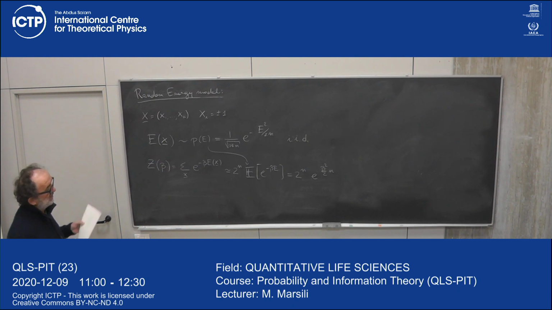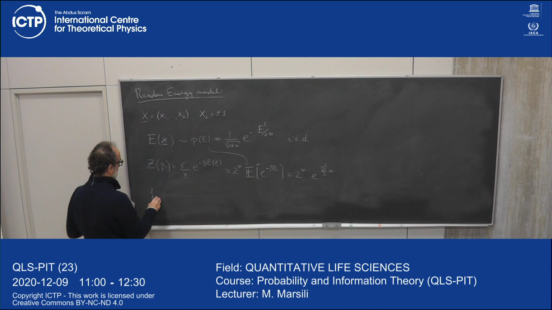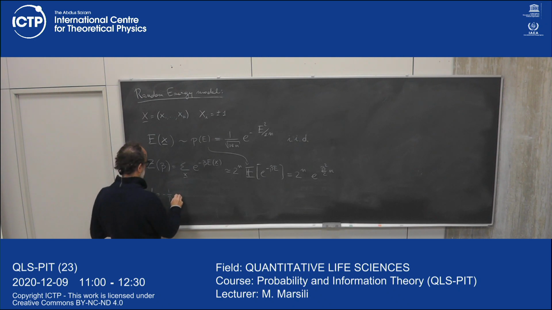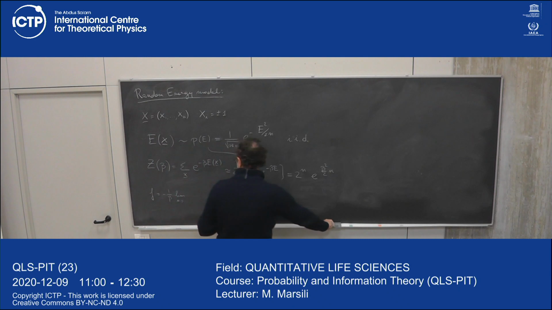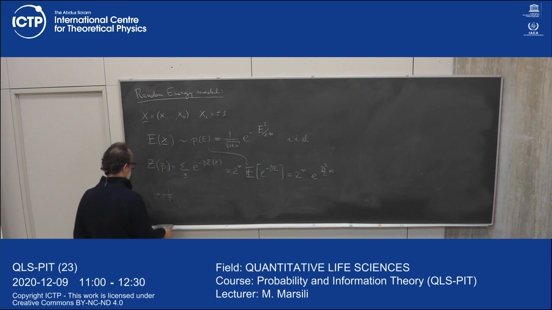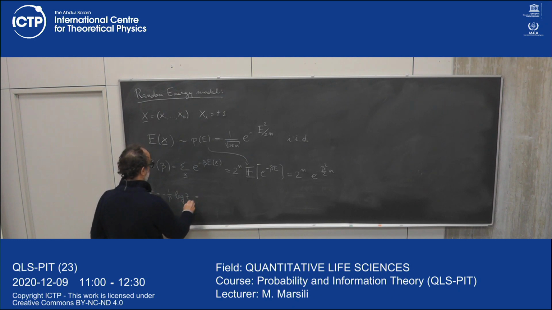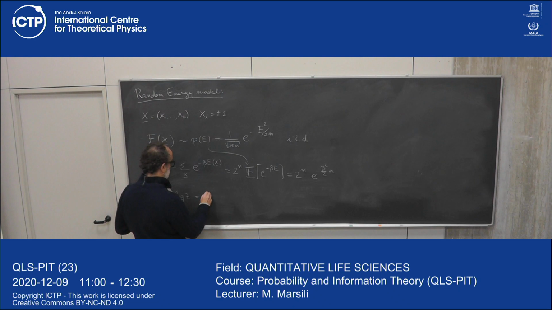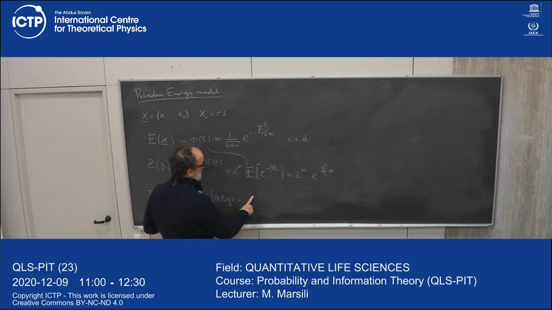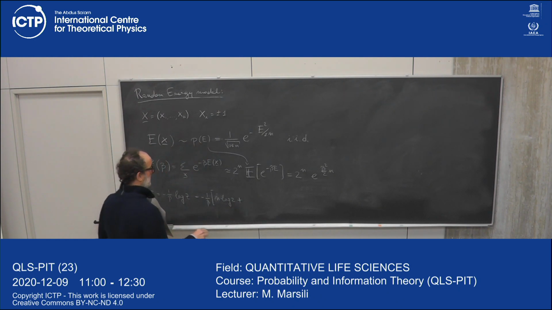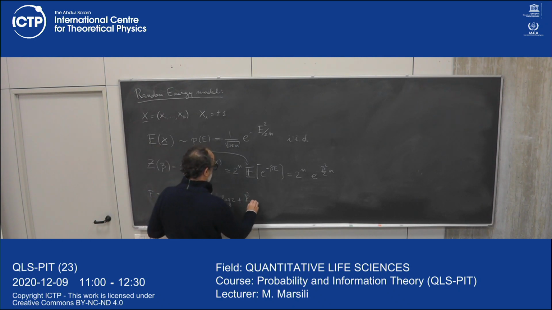Very good. So my free energy, let's just take the extensive free energy, which is minus 1 over beta times the log of Z. This is minus 1 over beta times n log 2 plus beta squared over 2 times n.